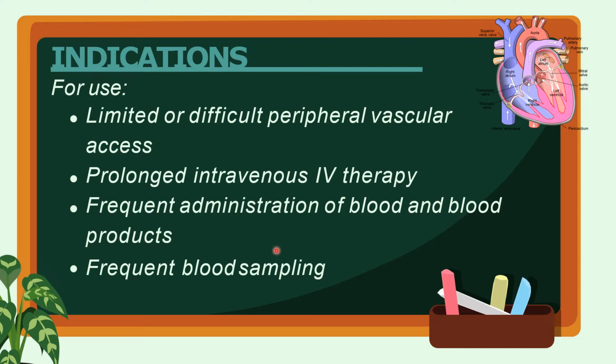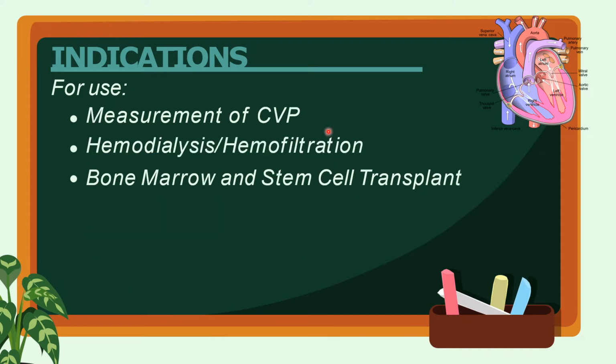And for patients with frequent blood sampling. So again, this is used if you need to measure the central venous pressure, so CVP line is the right choice. And for patients with hemodialysis or hemofiltration, and patients for bone marrow and stem cell transplant.